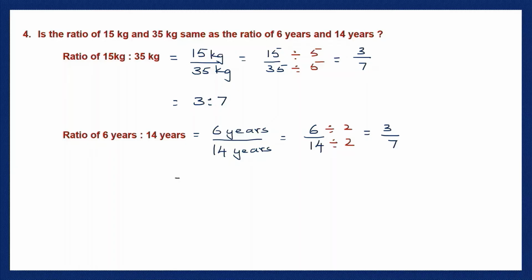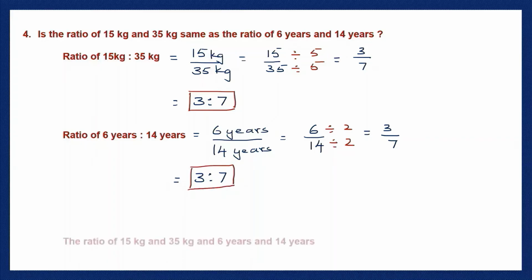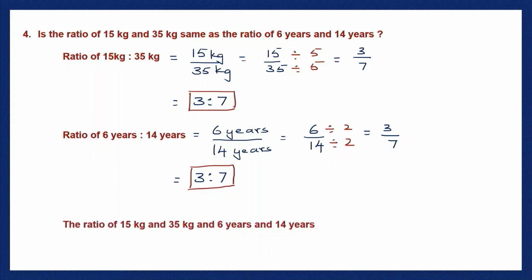So here also the ratio is 3:7. The first one we got the ratio as 3:7, and the second ratio is also 3:7. So that means the ratio of 15 kgs and 35 kgs and 6 years and 14 years is the same. The question is, are they the same? Yes, they are the same. The answer is yes.